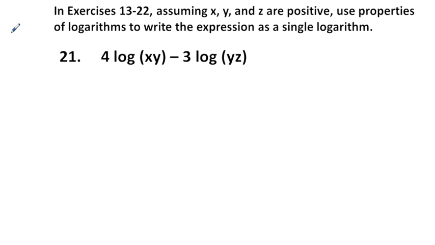Next, we have 4 times the common logarithm of xy minus 3 times the common logarithm of yz. And so what happens in this case, this coefficient of 4 out front becomes the power of x and the power of y. And likewise, this coefficient 3 out in front of the common logarithm of yz becomes the power of y and also the power of z.